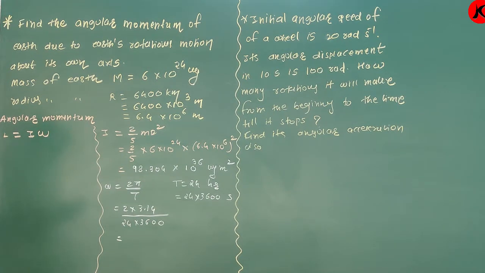Divided by this 3600. Then how to find this? Again, it is 2 into 3.14 divided by 24.